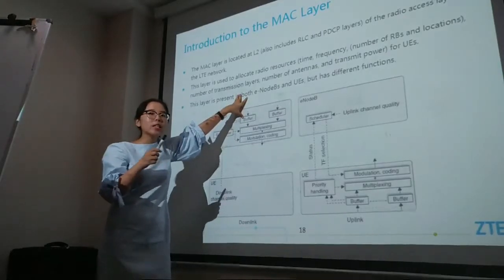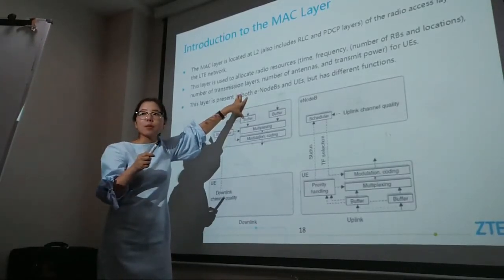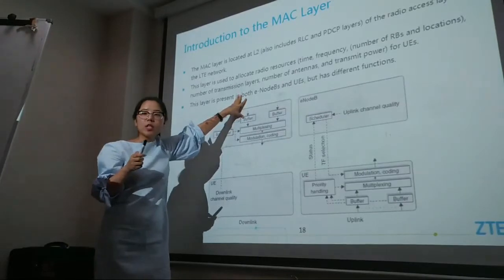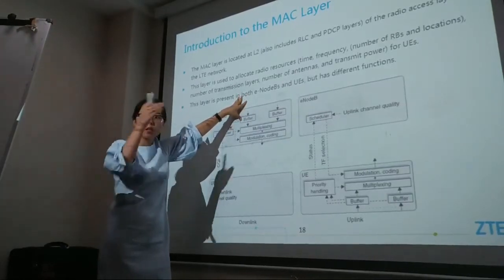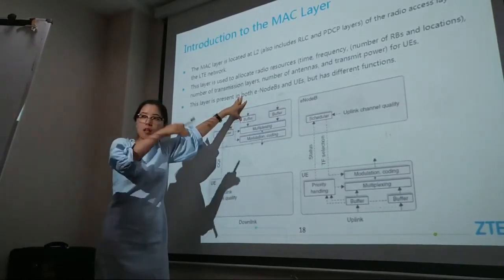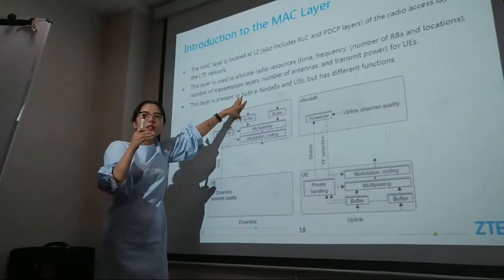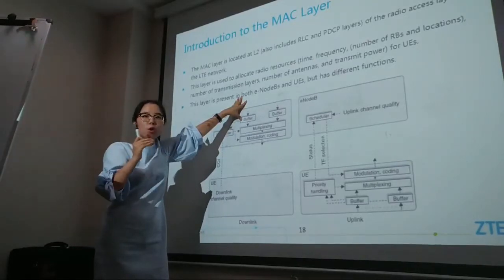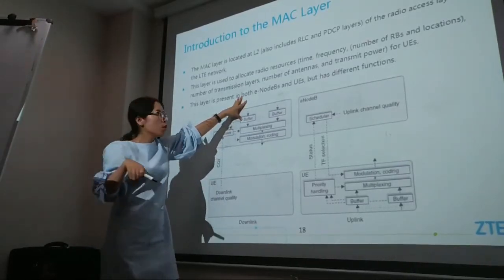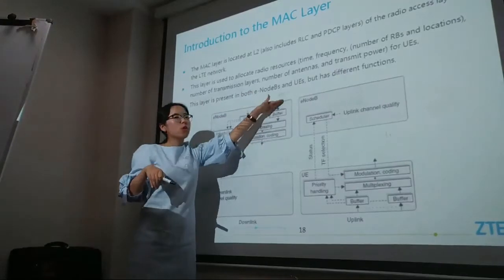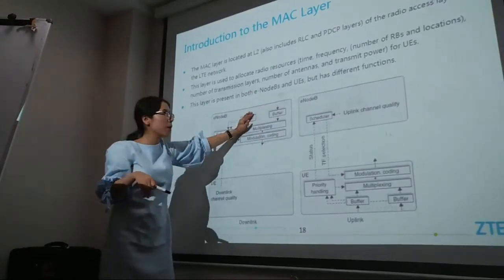We have many different kinds of information. Maybe paging, you can see in the last picture, the channel mapping. In the logical channels, we have the paging, the broadcast, the common control, and so on.